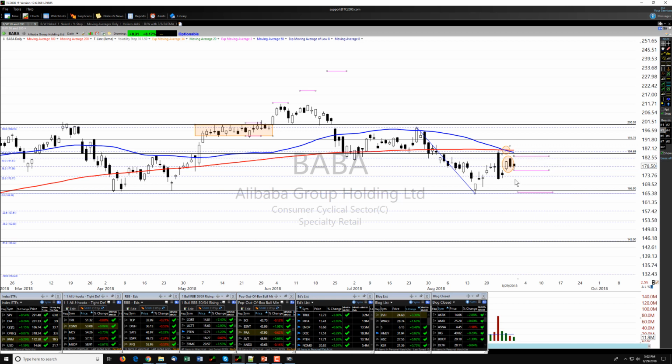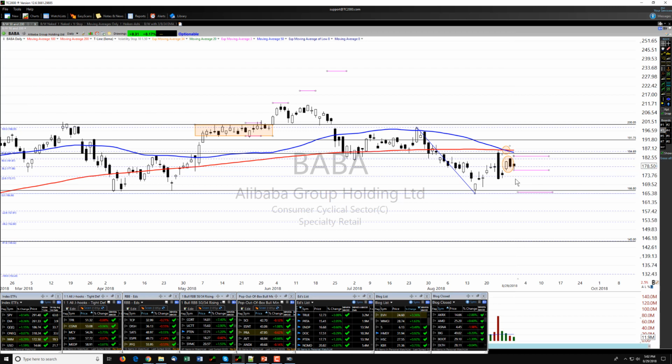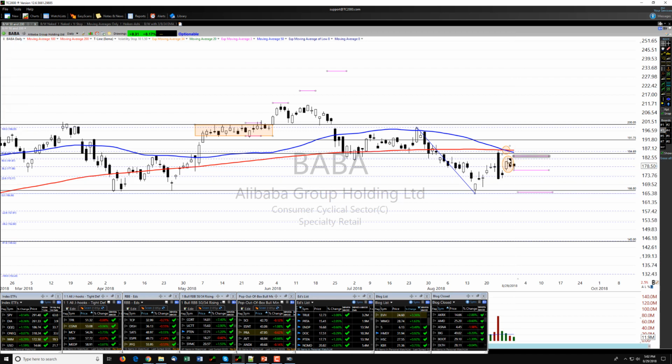What does V-stop say, by the way? V-stop says 171.80. So V-stop is still below it. Way below it. That's odd. V-stop is not flipped, but that's where I would put my stop, I guess.